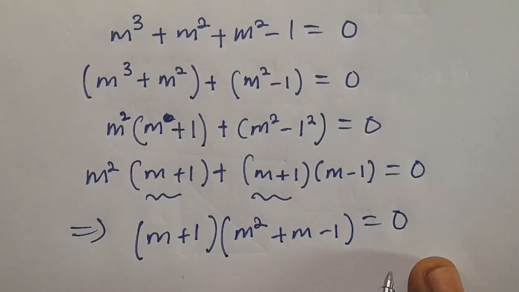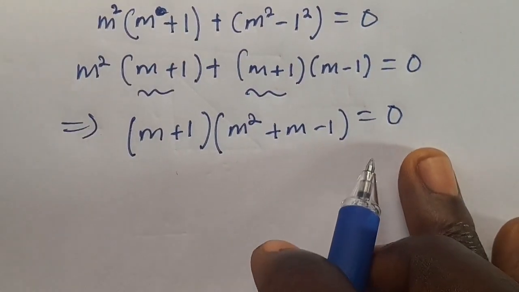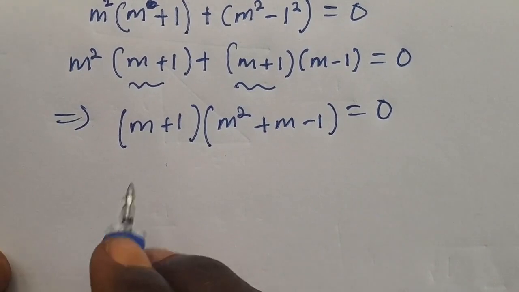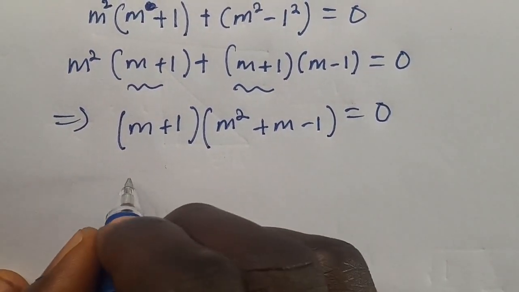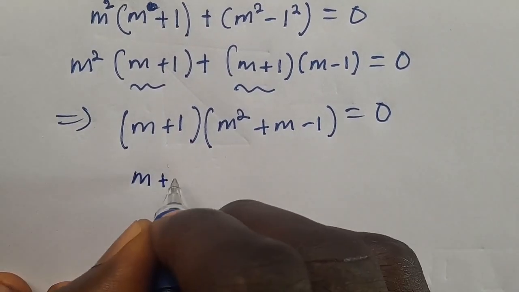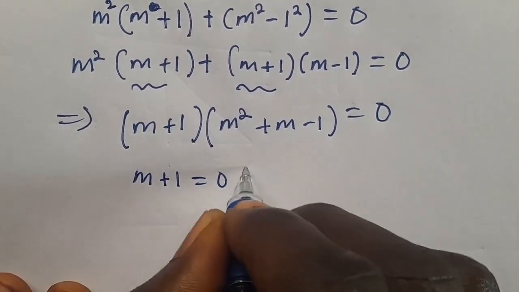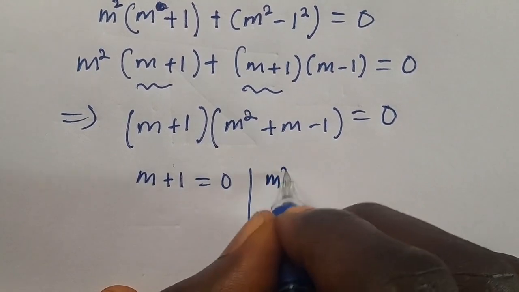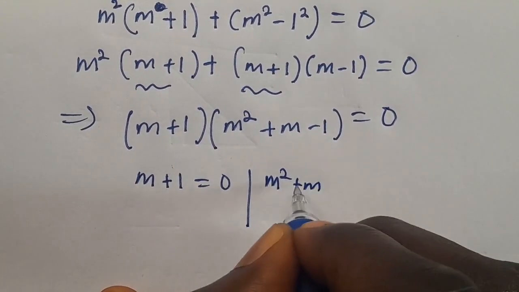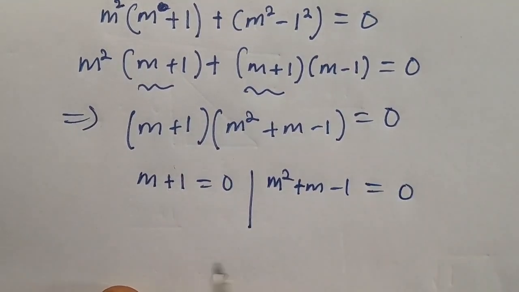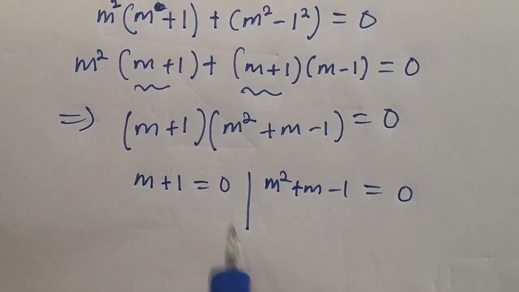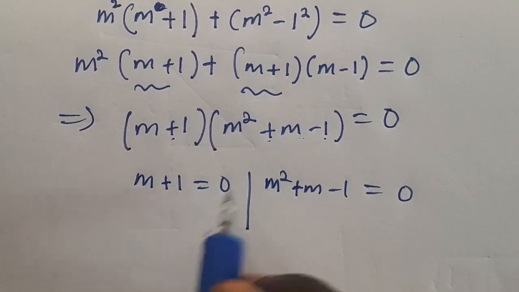So from here, we have m plus 1 equals 0, or m squared plus m minus 1 equals 0. For this expression to be equal to 0, either of these must be equal to 0.